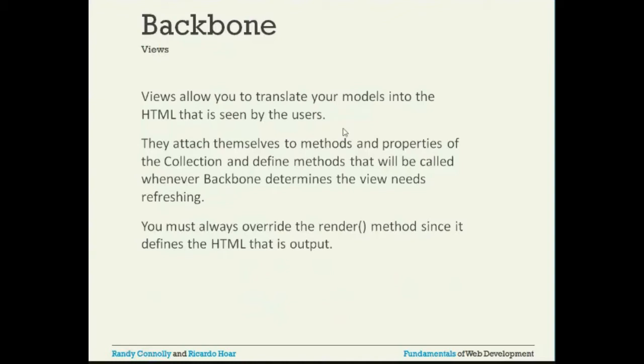They attach themselves to the methods and properties of the collection and define methods that will be called whenever Backbone determines the view needs to be refreshed. Those methods will be used to refresh the data on the views. You must always override the render method, because it defines the HTML that is the output.